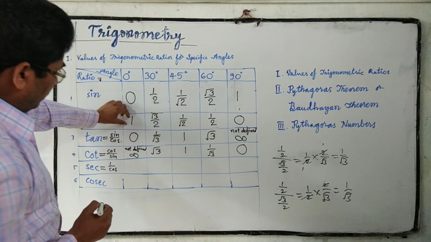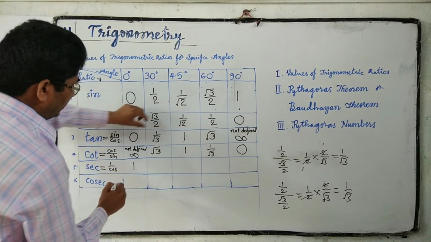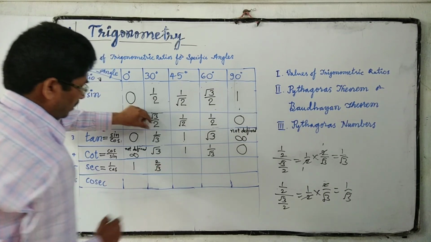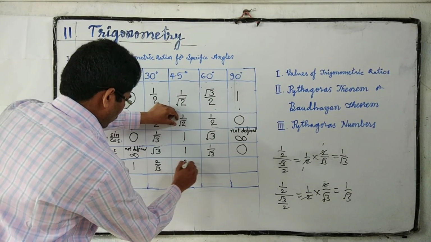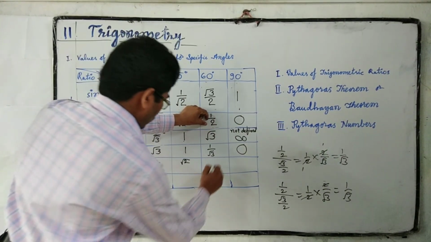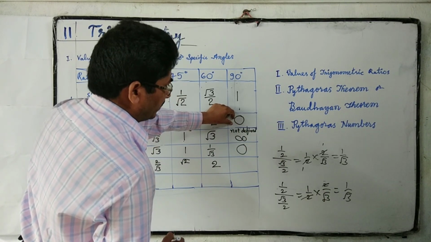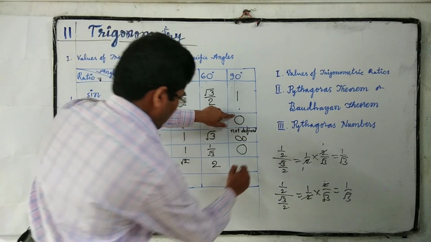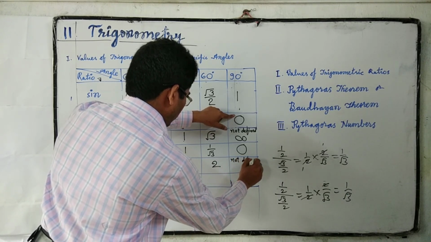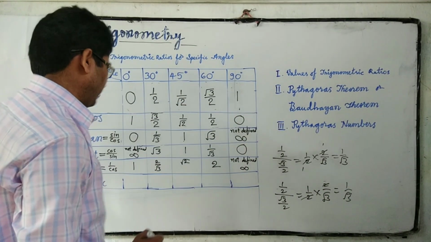So we write the reciprocals: reciprocal of 1 is 1, reciprocal of root 3 by 2 is 2 by root 3, reciprocal of 1 by root 2 is root 2, reciprocal of 1 by 2 is 2, reciprocal of 0 is 1 by 0, not defined or infinity.